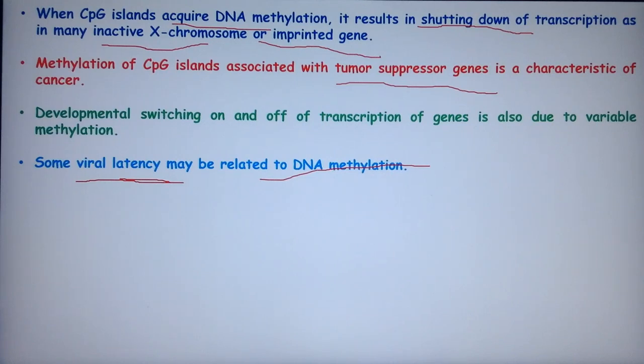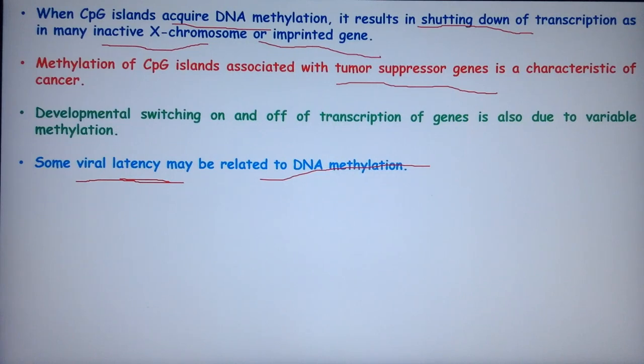So let's say a virus is present and the DNA of the virus is methylated, it will remain silent. Whenever the methylation becomes demethylated, the genes will be active. The same thing occurs in our body also, and is responsible for multiple diseases. One of the important diseases is cancer.